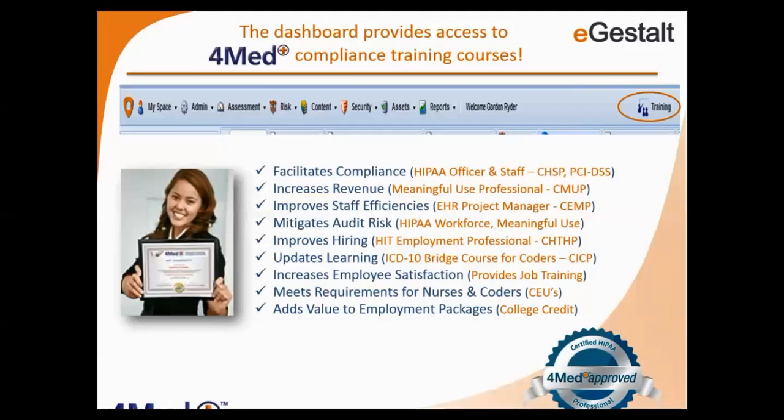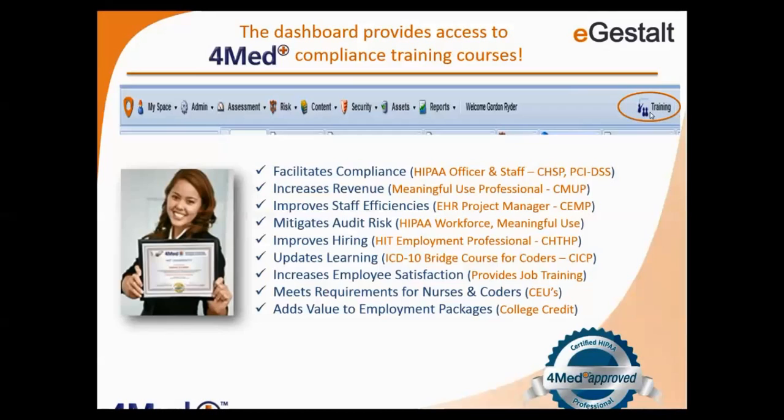What we have done is we've added to that, and if you are looking at the slide here, you'll see the toolbar for the eGestalt tool there at the top with a button that allows access to all of our compliance training titles.